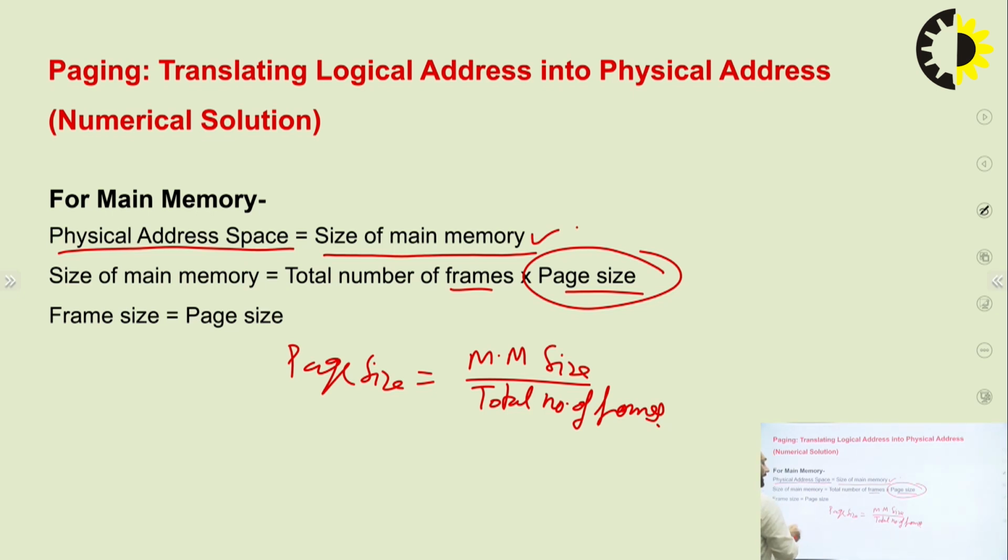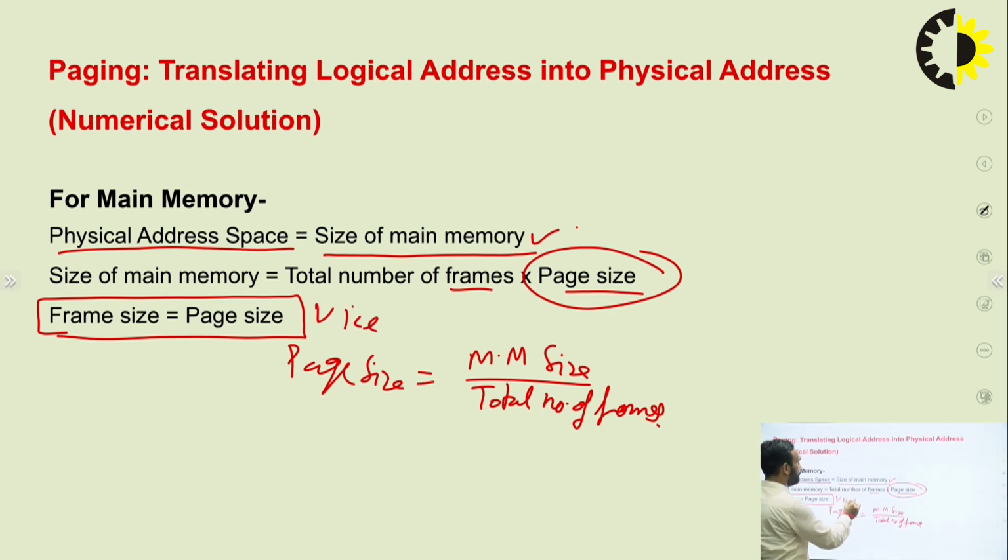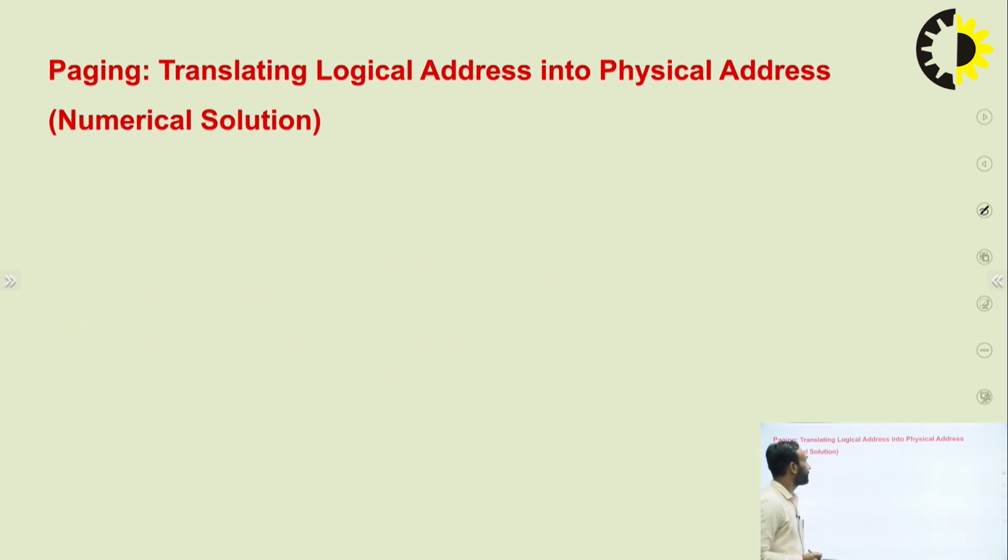Very easy. And I repeat again, the frame size will always be equal to the page size, or page size must be equal to the frame size, or vice versa. That is a minimal requirement of paging numericals.